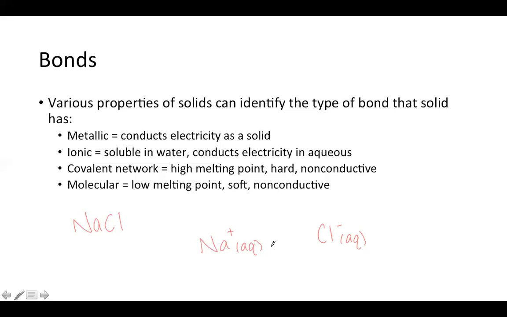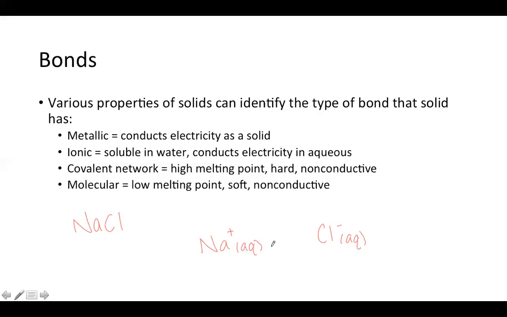An example of a question you might be asked where you would need to use this information is, suppose you're trying to identify the bond type of some unknown substance. Say you're told that it doesn't conduct electricity as a solid, but it is soluble in water, and it does conduct electricity once dissolved in water.